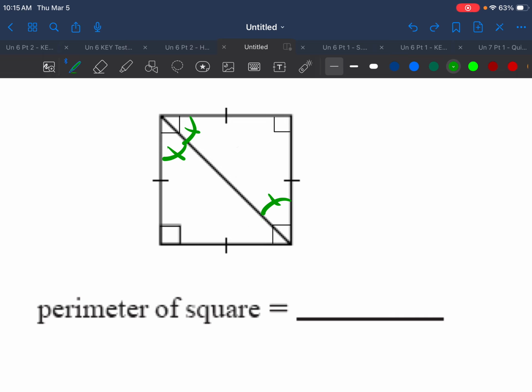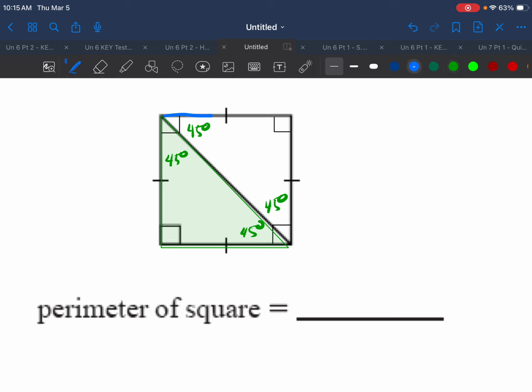Now think about it. What is 90 bisected? Well, that's going to give us 45 and 45. Okay? So this is nice. So I'm going to have 2 45, 45, 90 special right triangles.